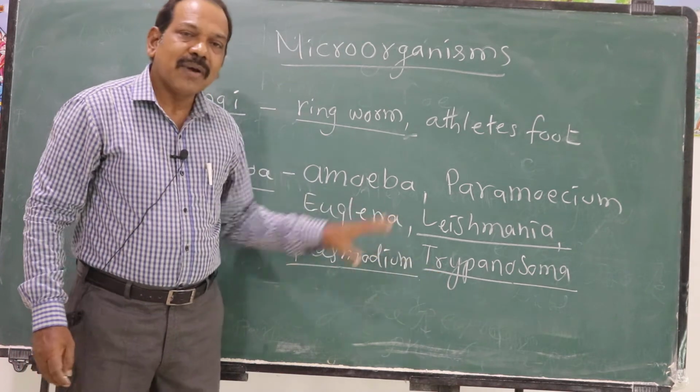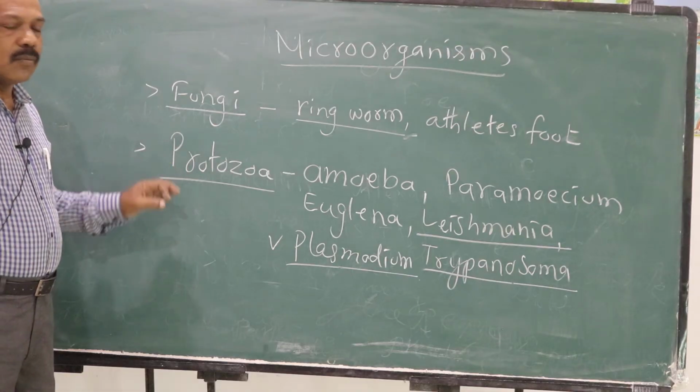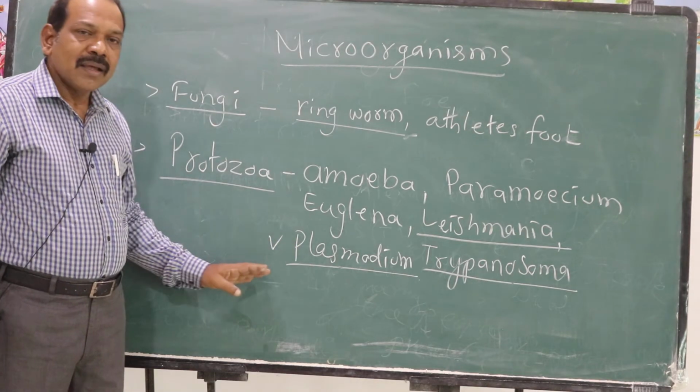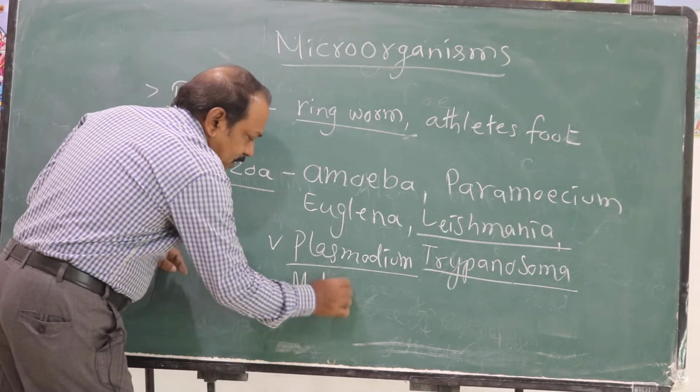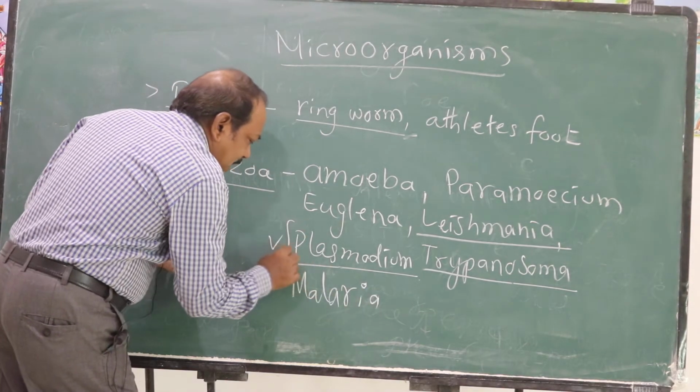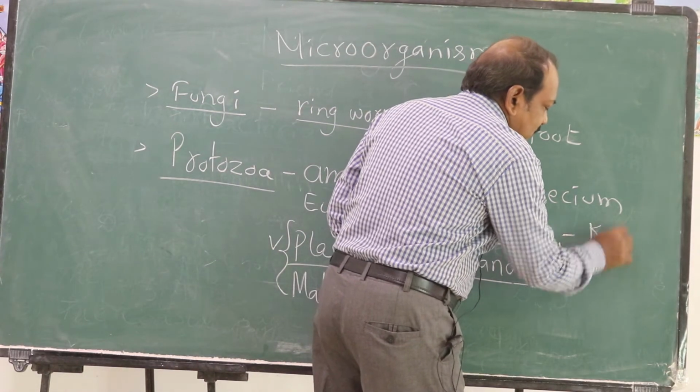So these are three common diseases caused by protozoal microorganisms. The most common among the three is again malaria, which is caused by Plasmodium. Leishmania causes Kala Azar.